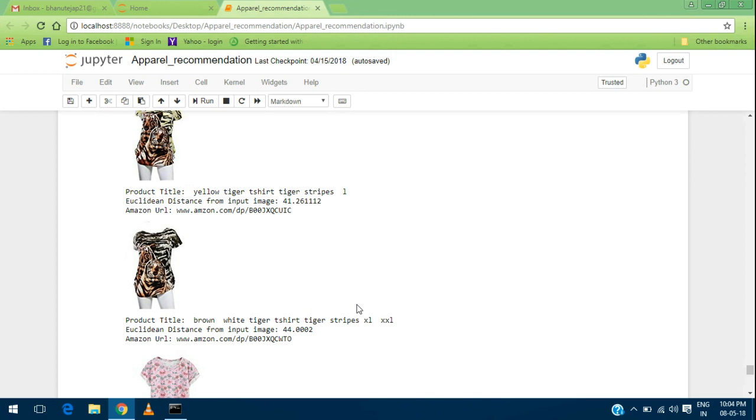So if some new user comes in and views item 1, he'll probably get recommended item 3 and item 2, because item 3 has been viewed by two users, that is user 2 and user 3. This data is not available for us, so we have not chosen collaborative filtering.